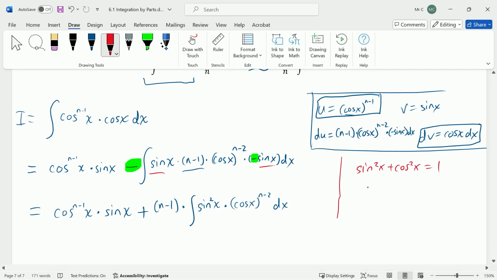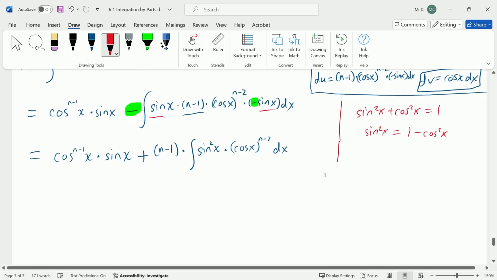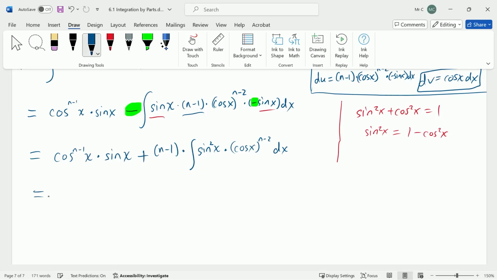And so I can always write sine squared of x as 1 minus cosine squared of x. And so that's what we're going to do. I'll replace sine squared of x with 1 minus cosine squared of x.